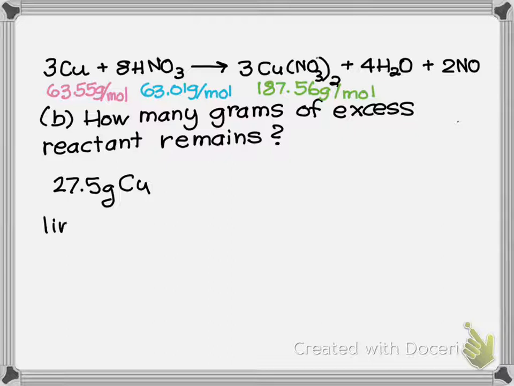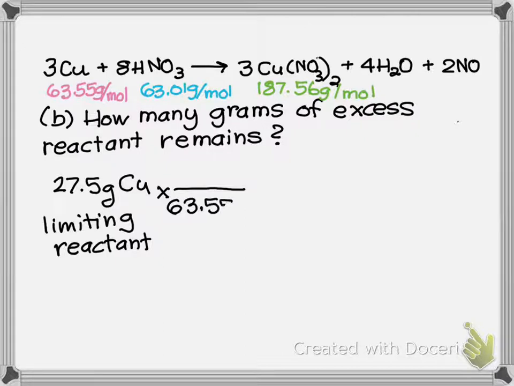This is the limiting reactant, and I want to know how much of the excess reactant is going to react with it. So first I have to convert it into moles by dividing by the molar mass of copper. Then now the ratio, I want to know how much of the other reactant, nitric acid.